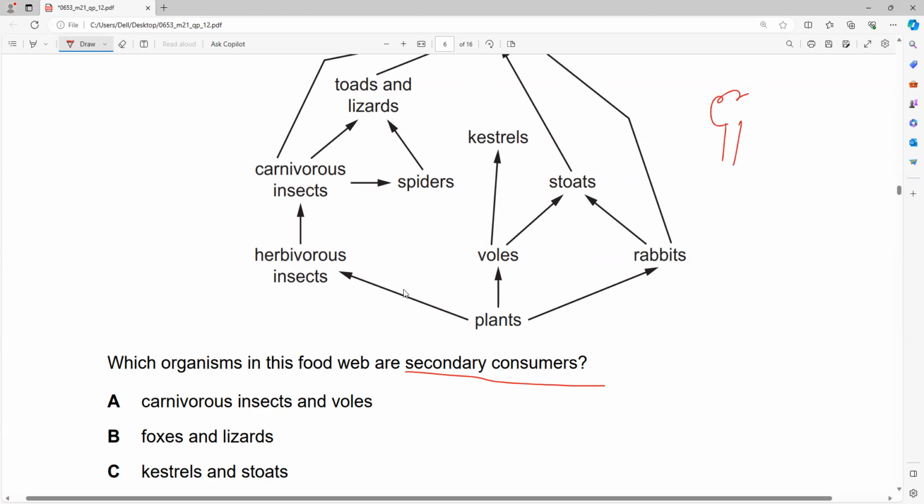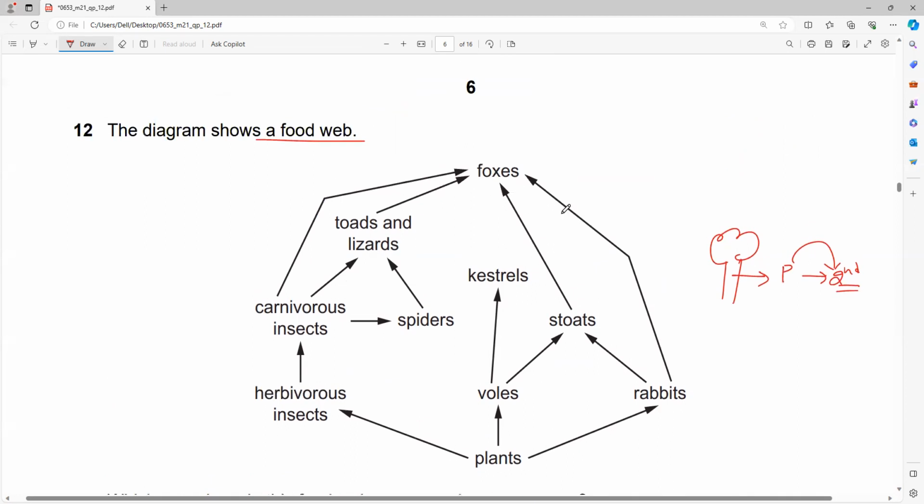Producers are plants. Herbivores are the primary consumers. And whoever eats the primary consumers is the secondary consumer. That is what you have to remember. Ultimately at the top, foxes are there. So plants, rabbits, and foxes.